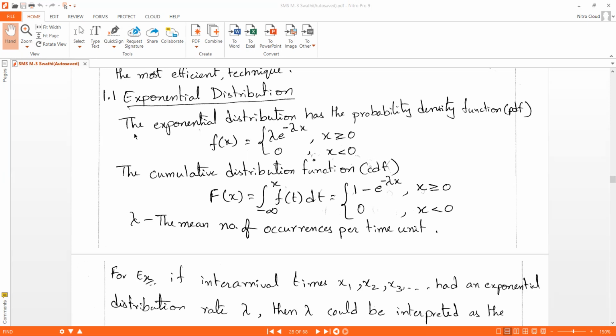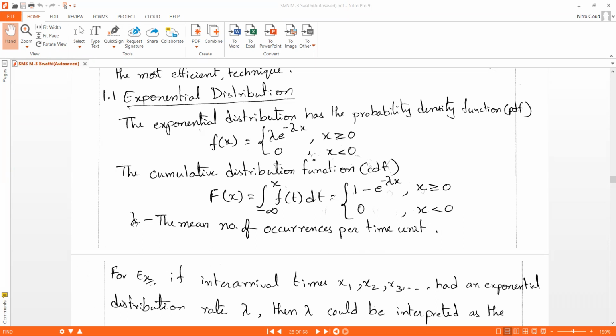Next we'll see the CDF, the cumulative distribution function of the exponential distribution. It is capital F(x) equal to the integral from minus infinity to x of f(t) dt, which is equal to 1 minus e^(-lambda x) if x is greater than or equal to 0, else F(x) will be 0 if x is less than 0.